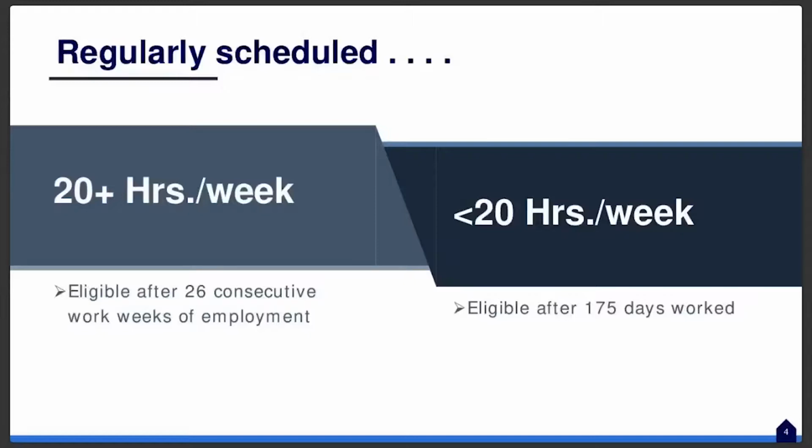So if over the course of a 1 year period, 52 consecutive weeks, someone works, whether it be 5 hours a week or 19 hours a week, once they've actually worked on 175 different days, they're eligible.